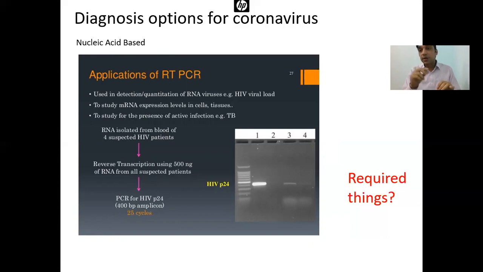The RNA will be converted into cDNA using the reverse transcriptase enzyme. And once the cDNA is there, we can use specific primers to amplify that cDNA. If the amplification product is made, we can confirm the presence of coronavirus RNA in that sample.